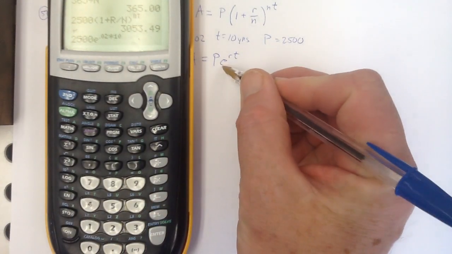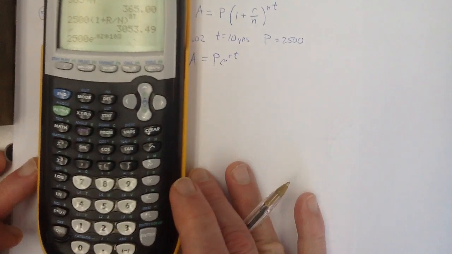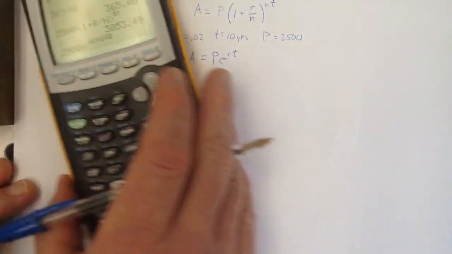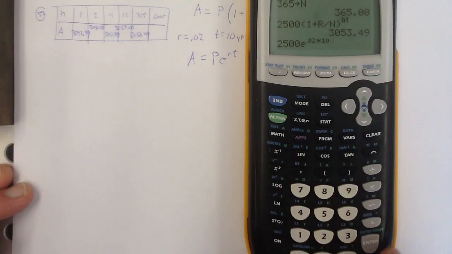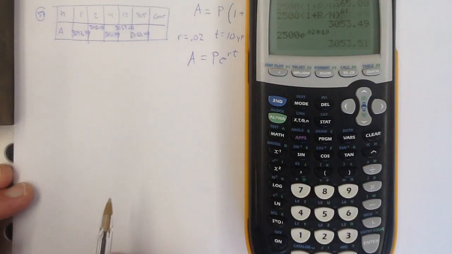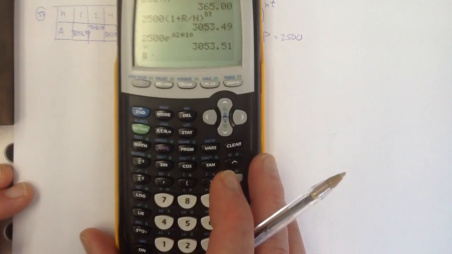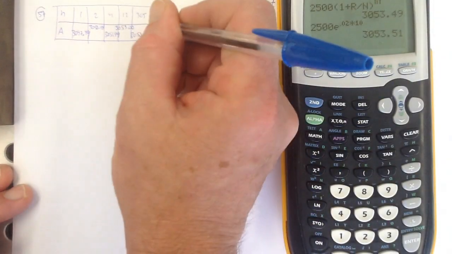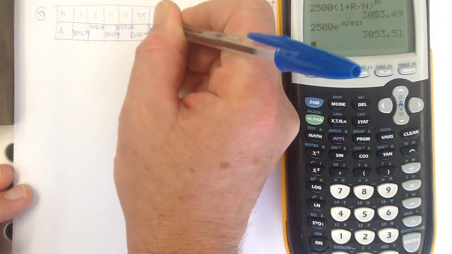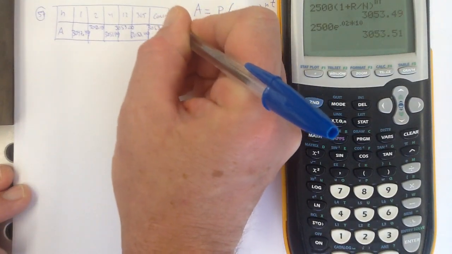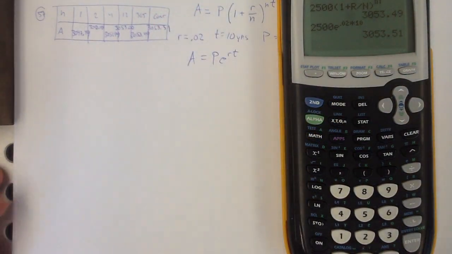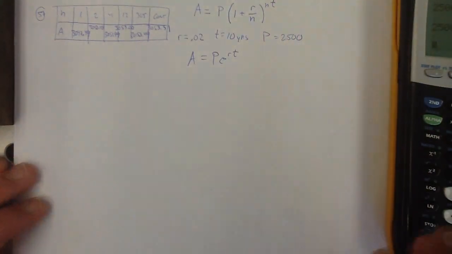So that's my P e to the RT for this. What we're expecting is that it's going to be something just a little bigger than that if we compound continuously. Hit enter, $3,053.51. All right. That's fun, huh?